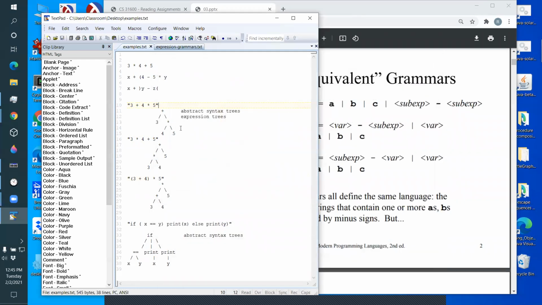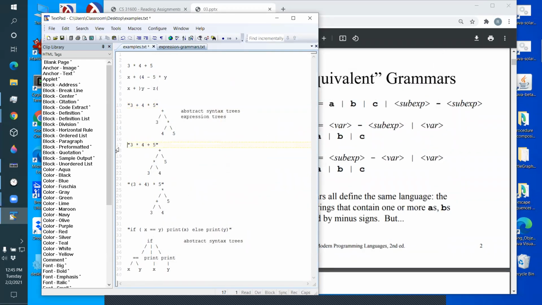This is a very important way to understand programming languages. The parser takes a string, uses the grammar to convert it to a tree data structure, an abstract syntax tree.